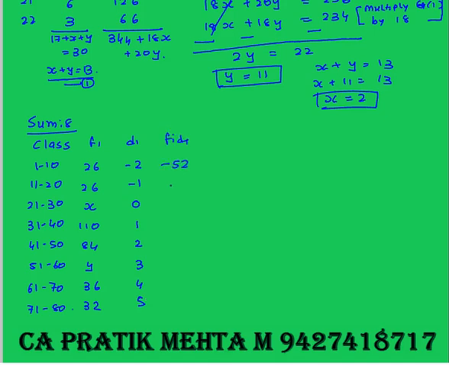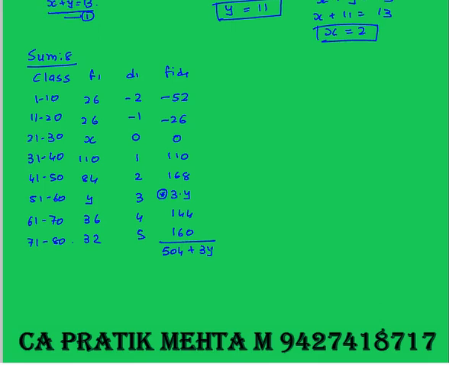It's minus 52, minus 26, 0, 110, 168, then 3 into y. Let's concentrate, don't consider it in total as usual. 144 and 160. Let's make the total. It must be 504 plus 3y. Please verify the totals on your own.